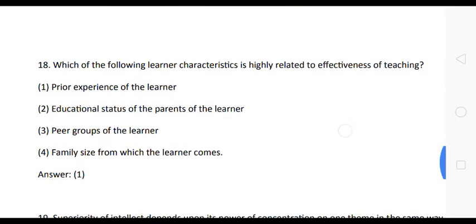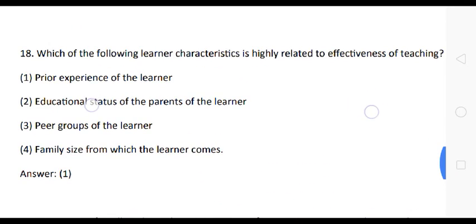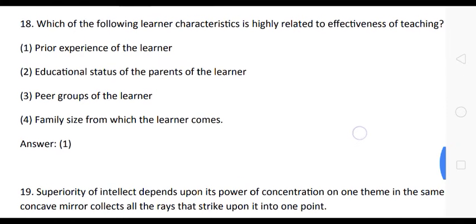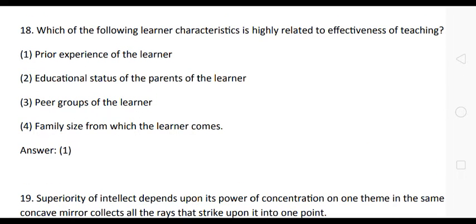Now let us see the next question. Which of the following learner characteristics is highly related to effectiveness of teaching? Very important question. The options are: 1, prior experience of the learner; 2, educational status of the parents of the learner; 3, peer groups of the learner; 4, family size from which the learner comes.